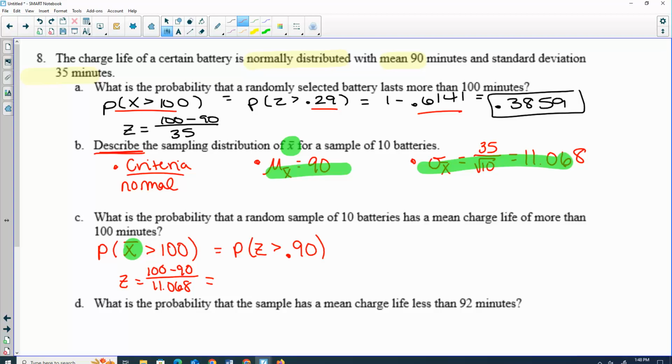Depending on how many decimals you kept on your standard deviation, it could be slightly different. So make sure you are just writing that down so I know how many you had. Okay. And then how do we do greater than? 1 minus. So I look up 0.90, and that is 0.8159.